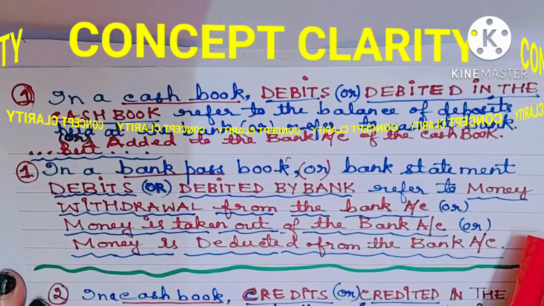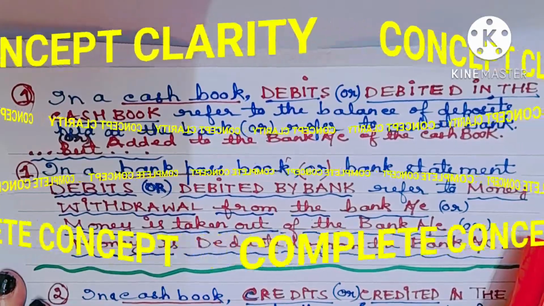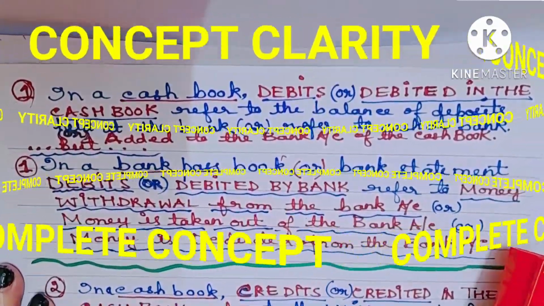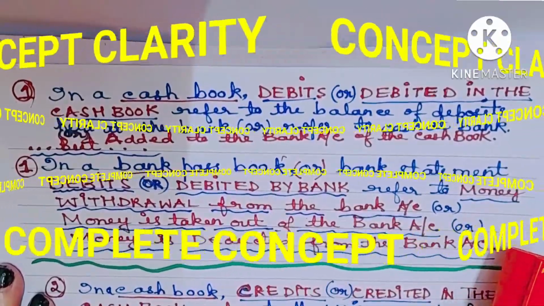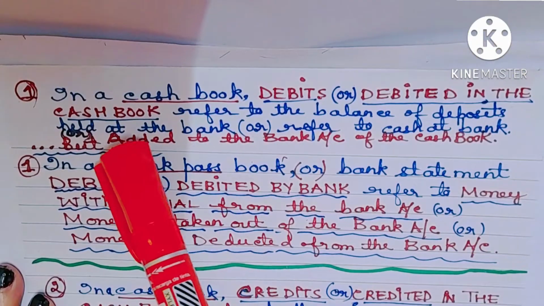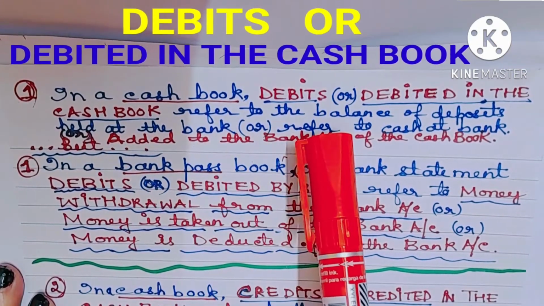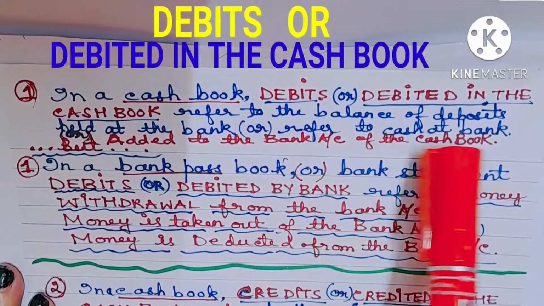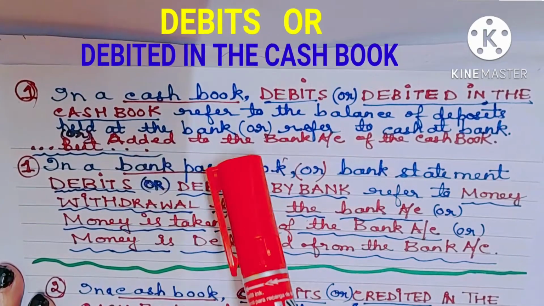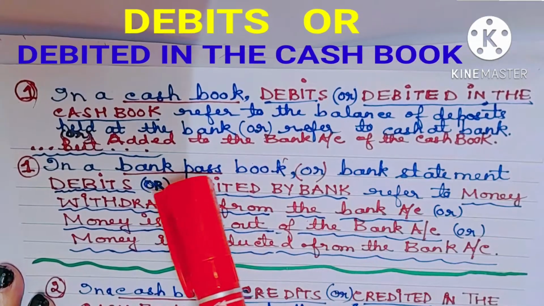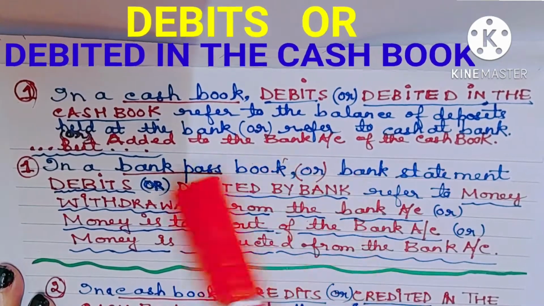Since we are talking about concept clarity or complete concept of the chapter BRS, let me discuss some terms which are very, very important. Number one, in a cash book, debits or debited in the cash book refer to the balance of deposits held at the bank or cash at bank, or added to the bank account of the cash book.